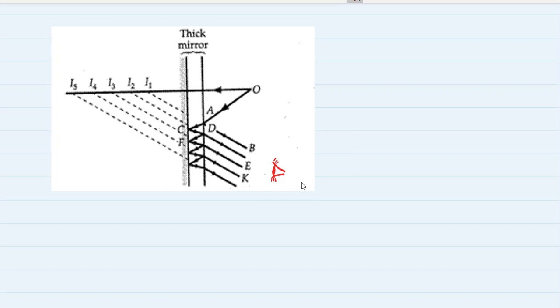When a thick mirror is placed in front of yourself, and there is an object, let's suppose the object is a candle, and you are looking at the image of the candle, what is happening? Why are we studying this topic here in refraction?